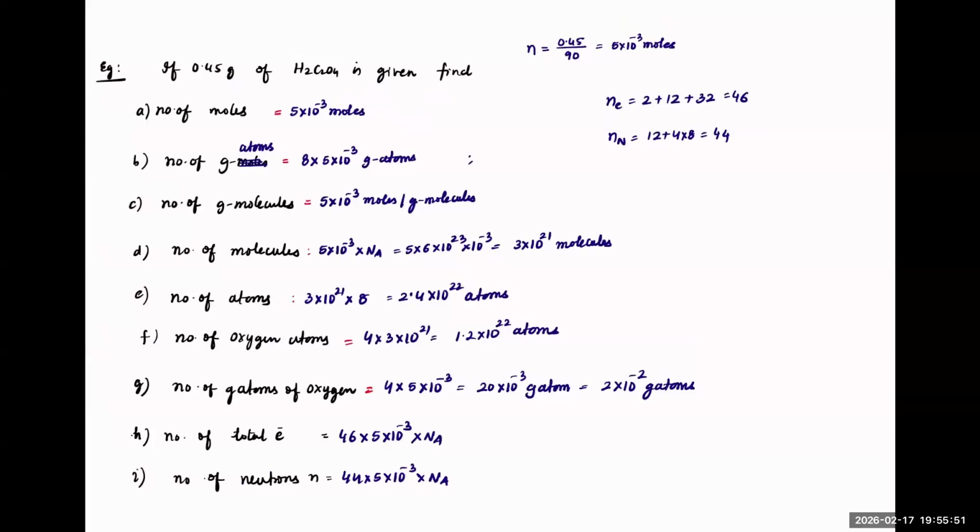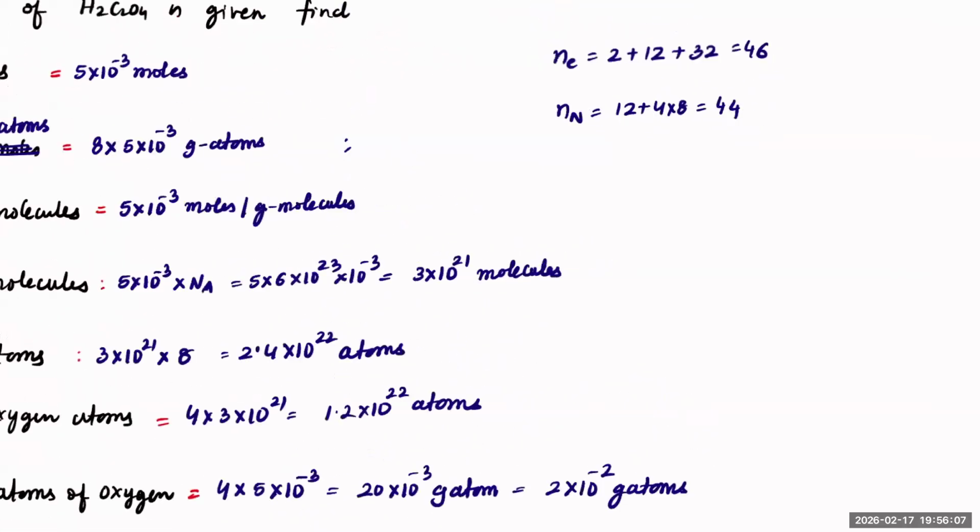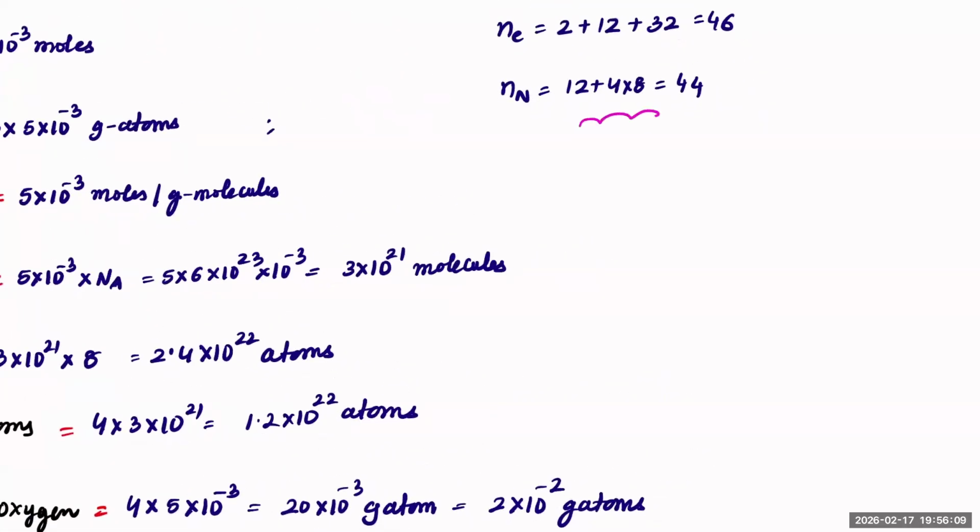Is this factor also clear, beta? How did we get gram atoms of oxygen? See, the definition of gram atom is this. Suppose you have the mass number and you're expressing that in grams, that is called gram atoms. Simple. Okay. So just let me put this as a factor here.